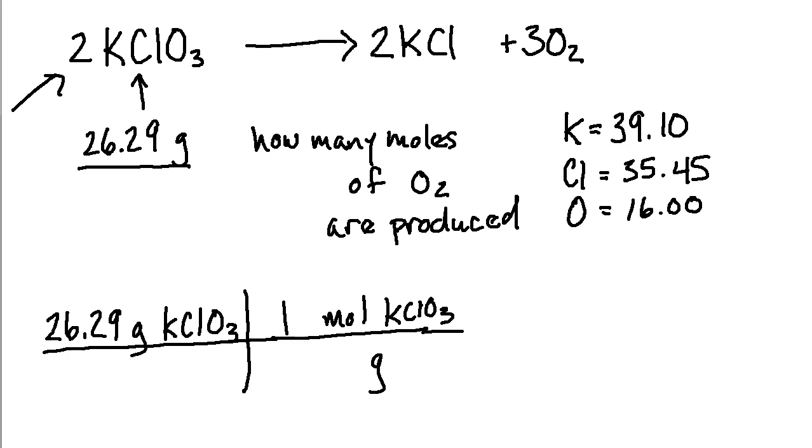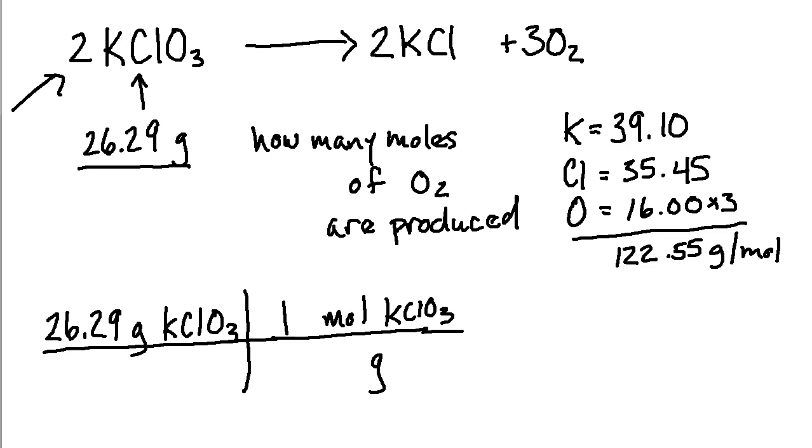Notice I'm keeping 2 decimal points on each of these. Now there's 3 oxygens in the potassium chlorate, so I need to make sure that I multiply this by 3. And then if I sum all of that up, what I got was 122.55 grams per mole. So that is the molar mass of the potassium chlorate.